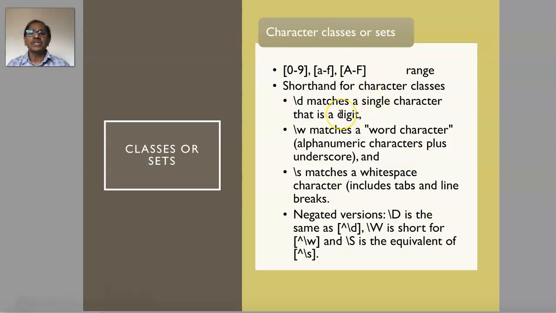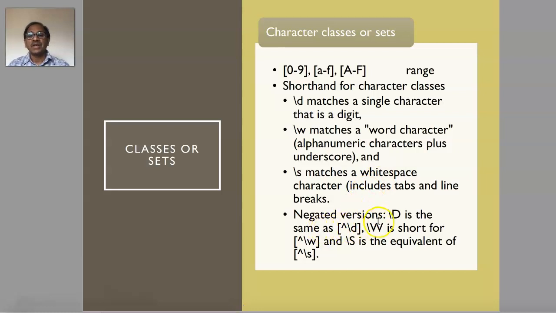There are some more shorthands for character classes. You can use backslash d, which matches a single character that is a digit. So d is a digit. Similarly, backslash w matches a word character, that is alphanumeric characters and underscores together. Backslash s matches white space.